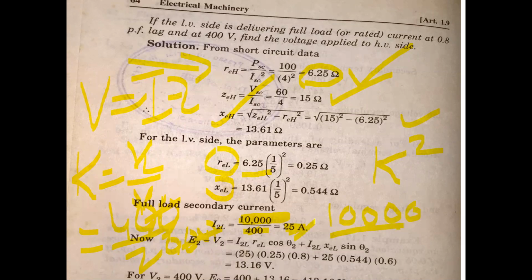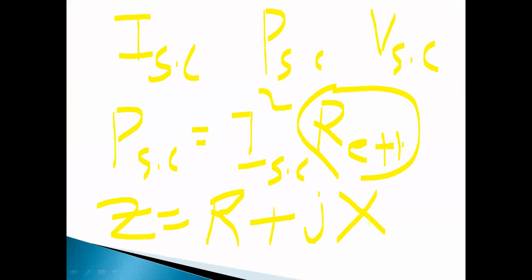E2 minus V2 we call the voltage regulation: voltage regulation equals (E2 minus V2) by E2. Here I will explain this one.